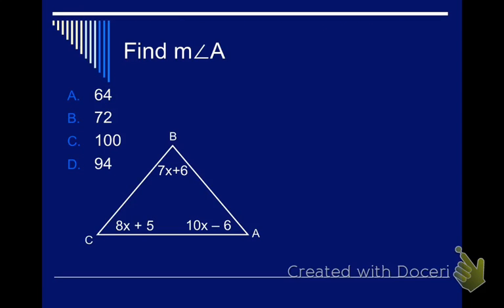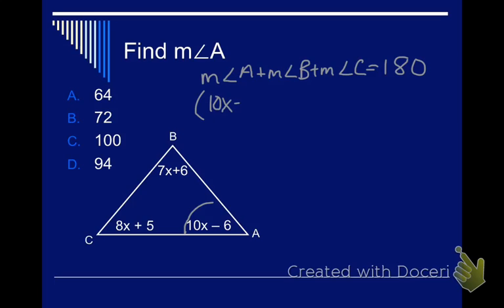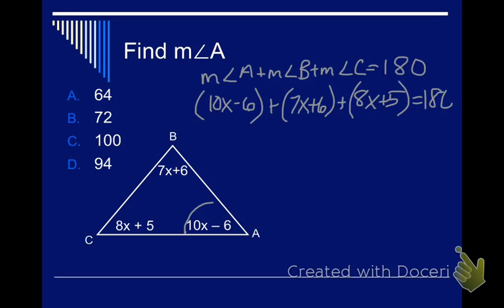Okay, let's see if we can get angle A. Here's angle A, and all angles are given as an algebraic expression. So let's do what we know about triangles: the measurement of angle A plus angle B plus angle C should equal 180 degrees. So this is going to be 10x minus 6 plus 7x plus 6 plus 8x plus 5 equals 180.